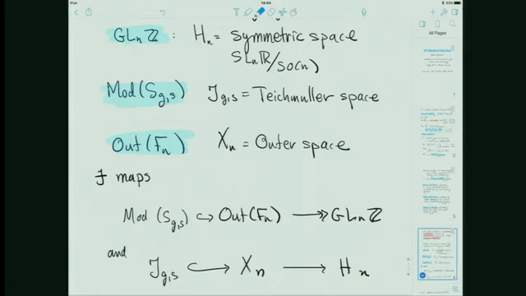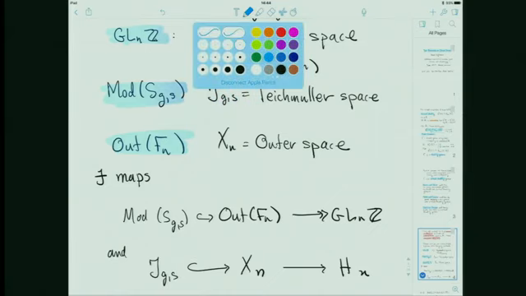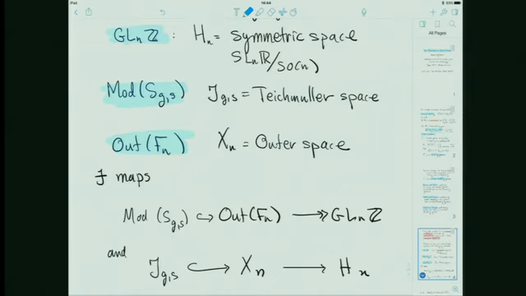The mapping class group, at least if S is positive, if there are some punctures, is just a subgroup of Out(Fn). And the natural map, which takes a free group and abelianizes it, induces a map on outer automorphism groups. So there's a map from Out(Fn) to GLNZ.